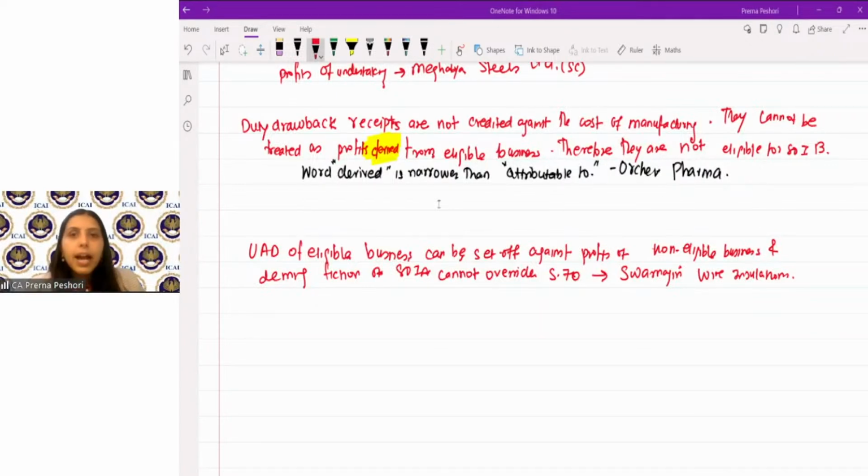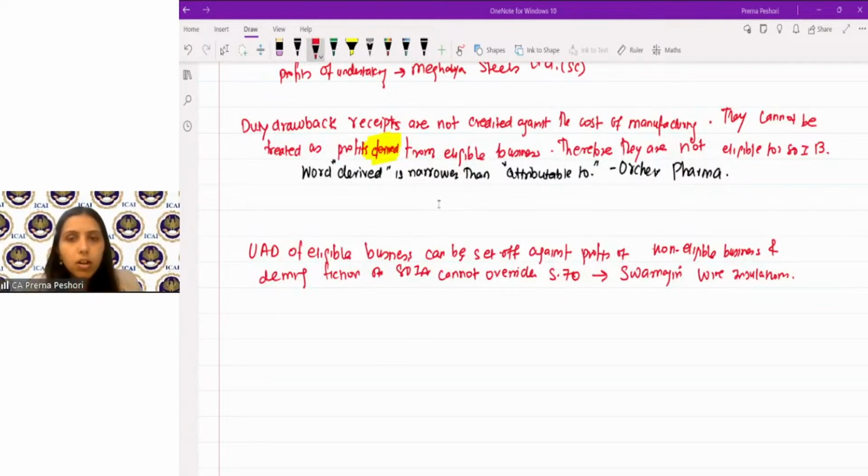CBDT has given a circular on this in 2016. If the expenditure is disallowed, let's say I have not made the payment before the due date of ITR, 43B will disallow interest expense. If I have not deducted the TDS, 40A(ia) will come into picture and will disallow the expense. So if there is any disallowance made against the expenditure for which the Chapter 6A deduction has been claimed, the deduction needs to be allowed on the enhanced profit.